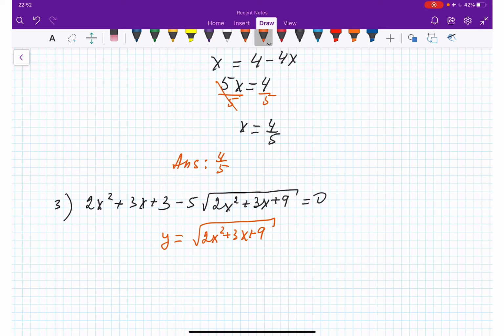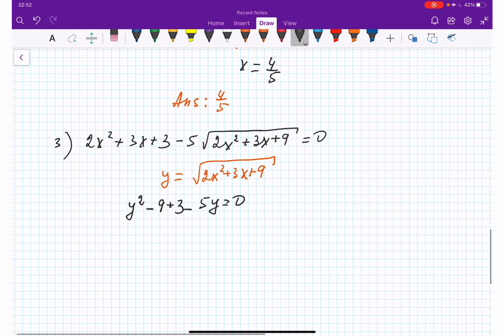Okay, so in this case our equation will look like y squared minus 9 plus 3 minus 5y is equal 0, which is going to be y squared minus 5y minus 6 equal 0.